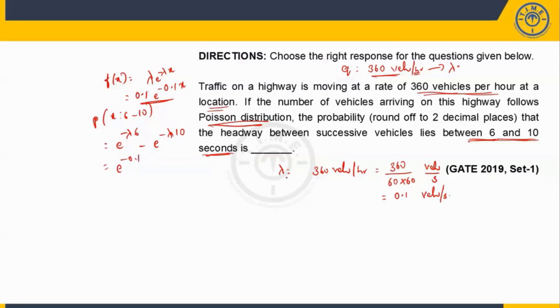Lambda is 0.1 vehicles per second for us. So e power minus 0.1 into 6 minus e power minus 0.1 into 10. Tell me the answer. Very simple. Even if you don't remember all these things, remember this formula for Poisson distribution: e power minus lambda x1 minus e power minus lambda x2. That's it.